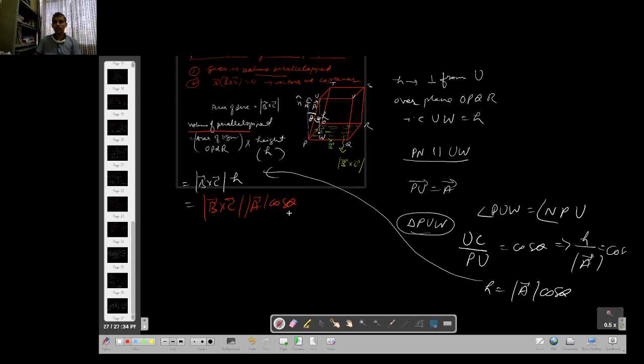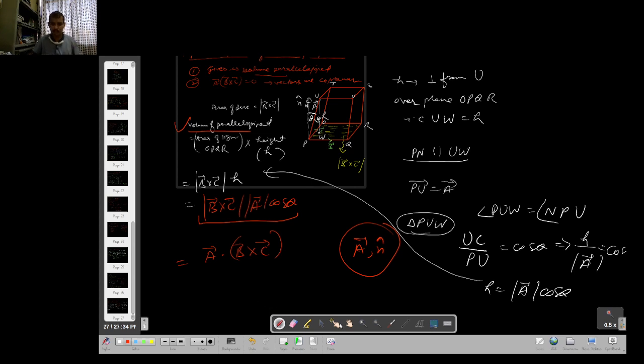So this theta is the angle between vector A and n cap. So that means this can be written in the form of a dot product, A dot B cross C, right? So thus I can say that the volume of a parallelepiped is basically this scalar triple product.